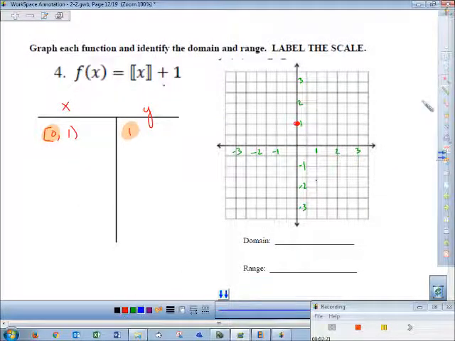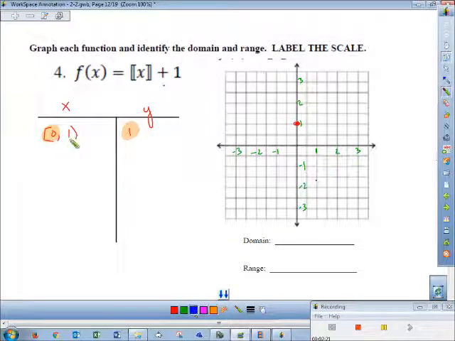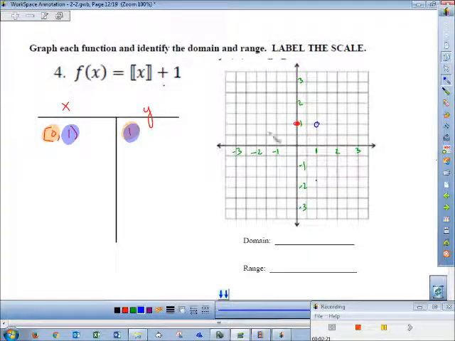Then you're going to graph the ordered pair 1, 1. That would be right here, and that's an open dot in this situation because the 1 in the x value domain does not count. And there's your step. Everything in between also gives you a y value of 1. So there's the first step.